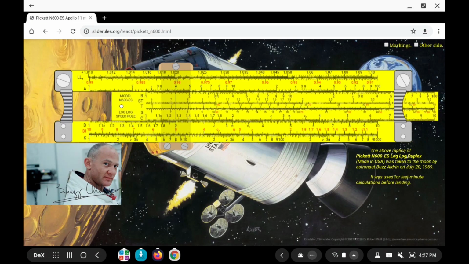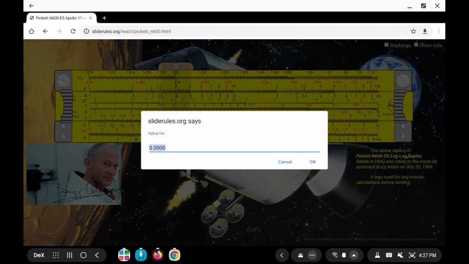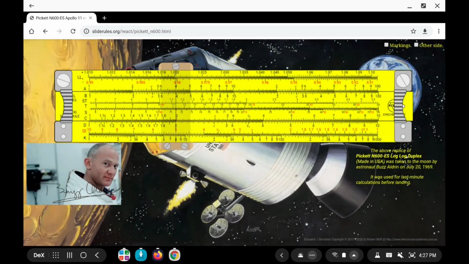Let me line these things back up again. So I had told you that the C and D scales are how you do multiplication. There's also A and B scales. These are up on the upper rod and the top of the sliding part.